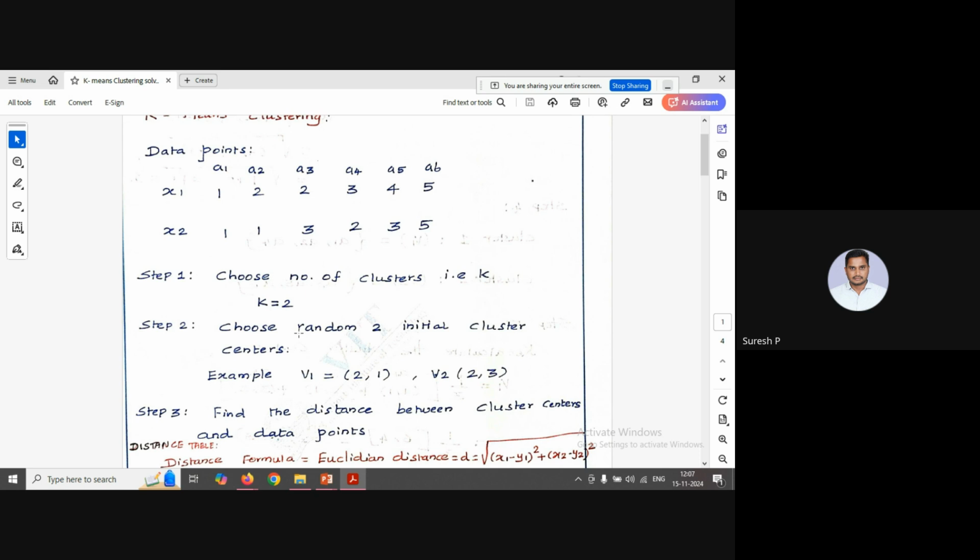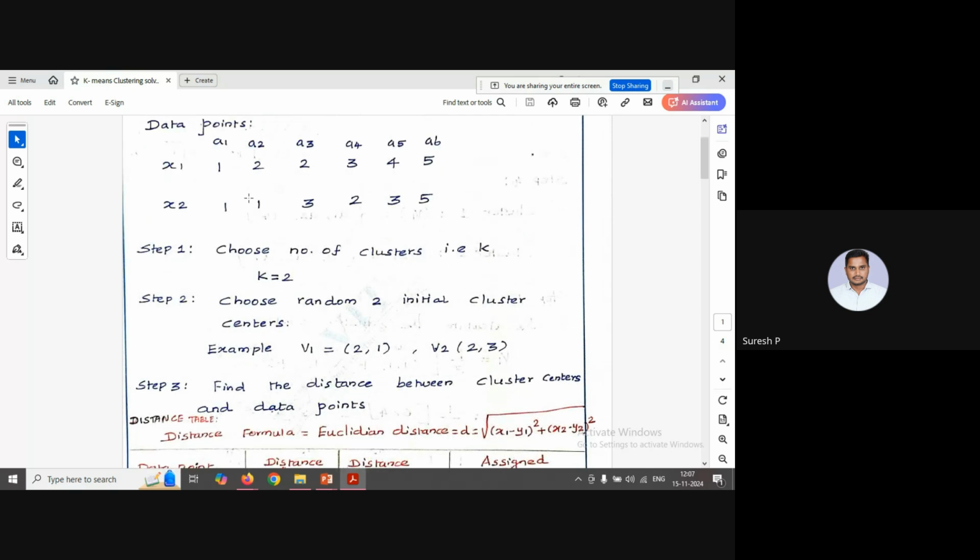That initial centroid can be any data point. For example, assume v1 is the cluster 1 center point, that is 2, 1, which is A2 I have taken. And for center v2, that is 2, 3, for example A3 I am taking. So we are choosing random initial cluster centers: v1 equal to 2, 1 and v2 equal to 2, 3.